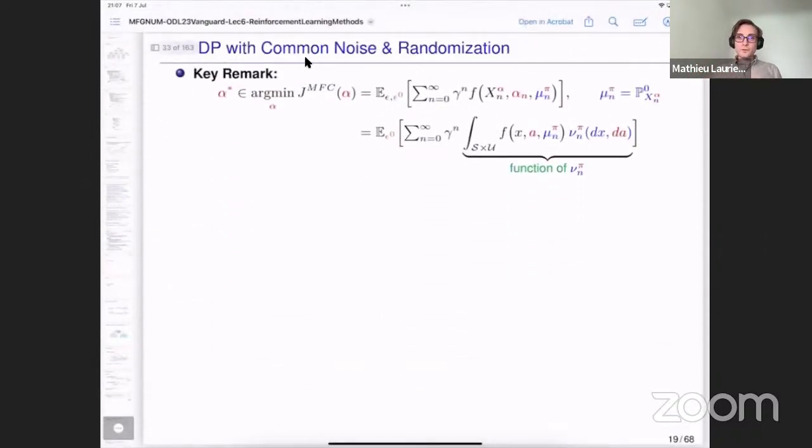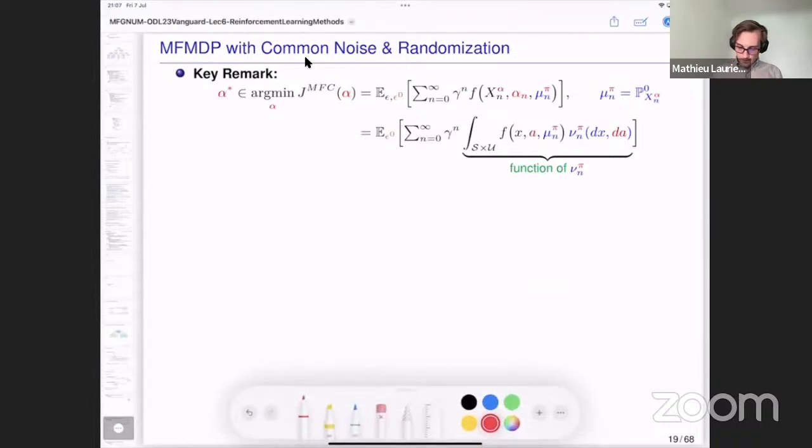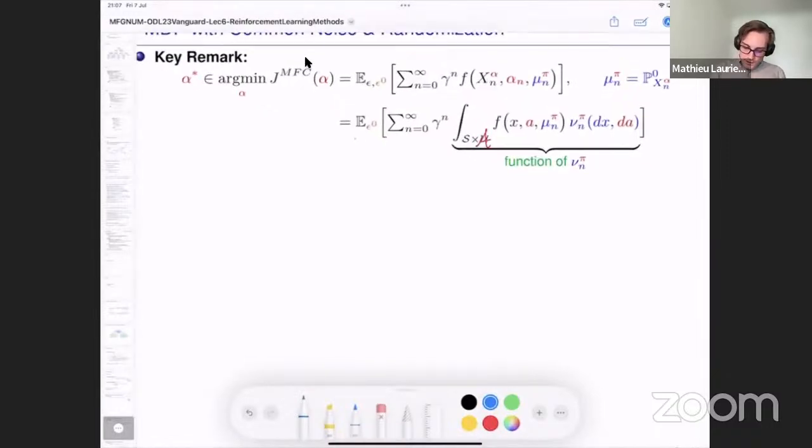So the first remark is to say, I don't need this capital X, because capital X is involved only through an expectation. So I rewrite the cost as an integral over the state and action space. So this should be A. Note that I still have an expectation here because of the common noise.